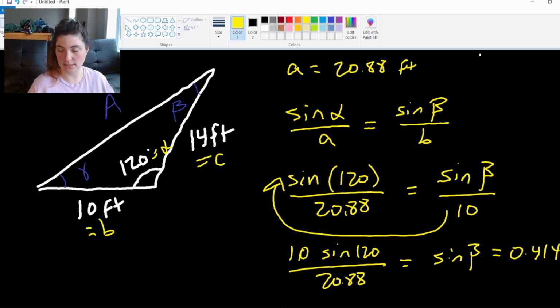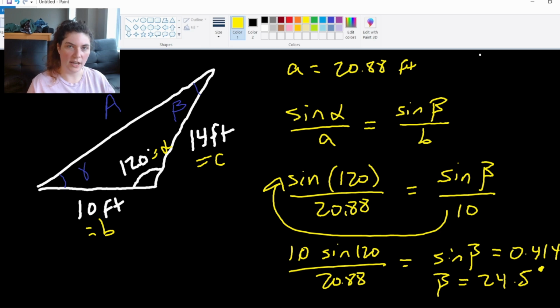Now we'll take the arcsine of that, and we get beta equals 24.5 degrees. Very important that your calculator is in degrees for all of this. We're not really going to be using radians in this class, but there may be special triangle circumstances where, honestly, we're not going to need the calculator at all.